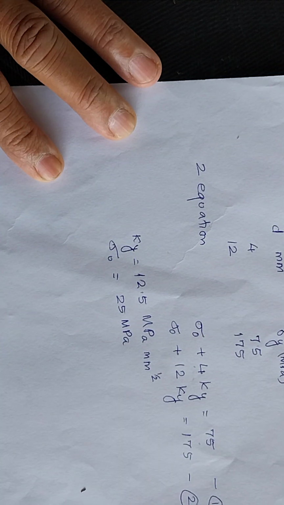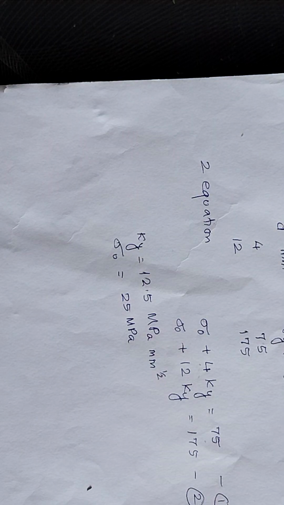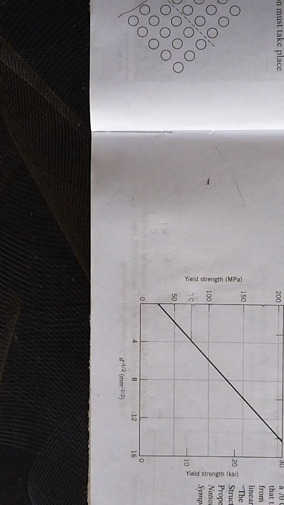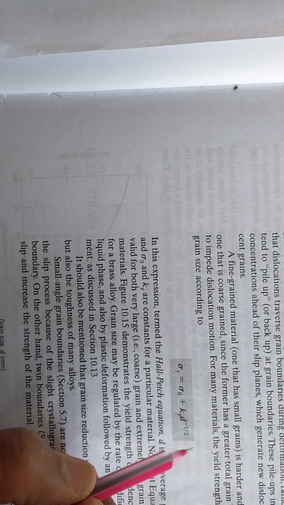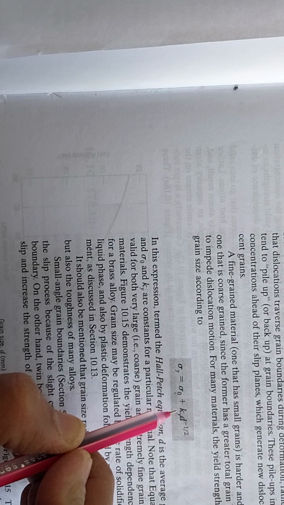So the given equation 10.7 can be rewritten with the values of the constants seen here. This is the equation, and we have found out the values of sigma 0 and ky.